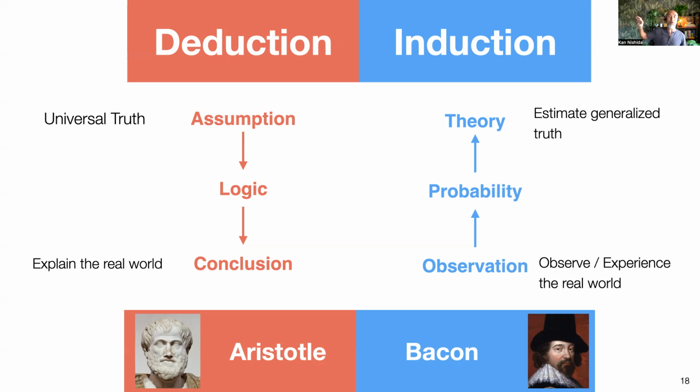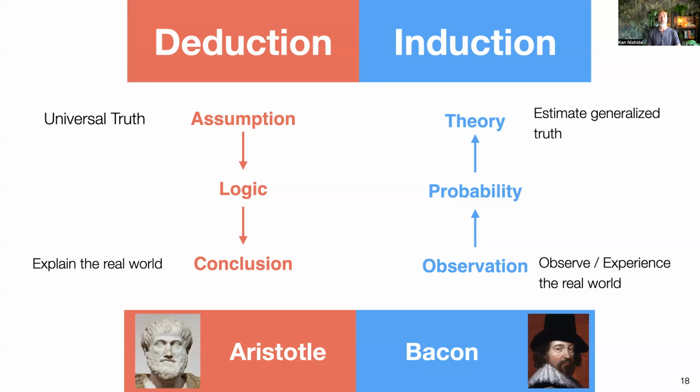At the top on the right-hand side, the theory can be wrong, nobody knows, unlike deduction, where the assumption at the top left is taken as true. On the right-hand side top, nobody knows, but we estimate based on what we see in the real world. So these are two different approaches. The left-hand side is sort of top-down, and the right-hand side is kind of bottom-up.